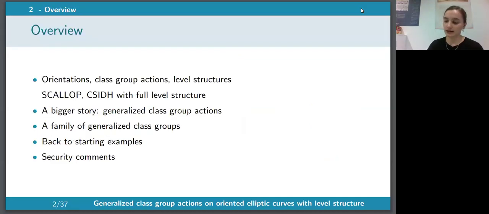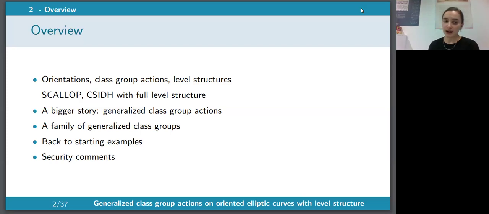In today's talk, I will first start with introducing orientations, level structures, and class group actions. The main two examples that we're going to use are SCALLOP and Seaside with full level structure. These two examples will lead us all the way to discovering some sort of bigger story into which they embed nicely. And so this will lead me to talk about generalized class group actions.